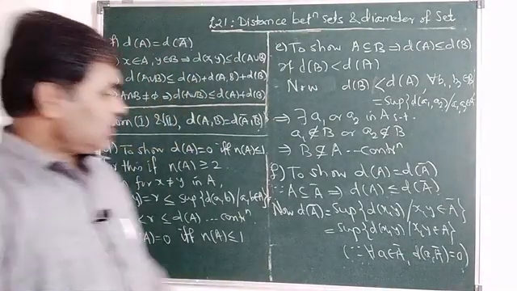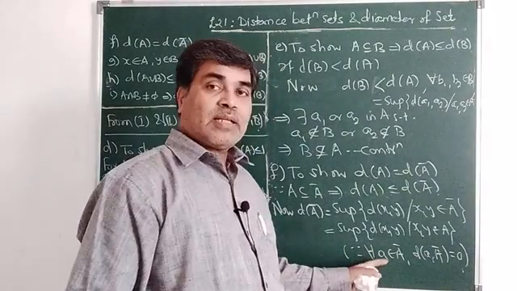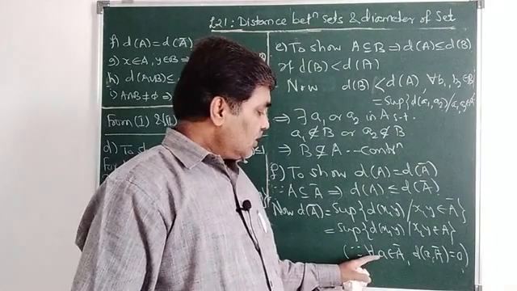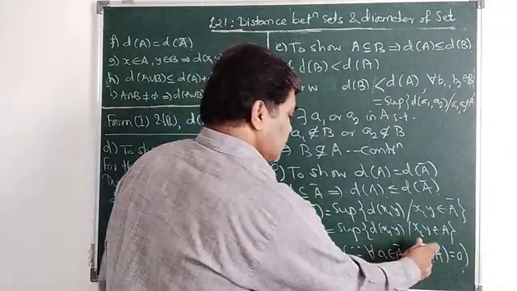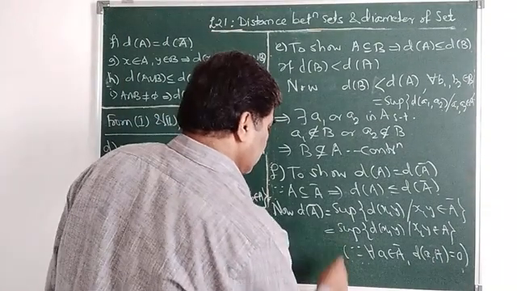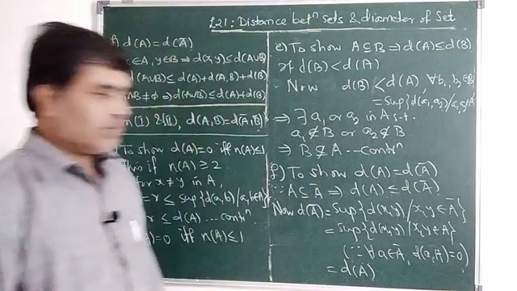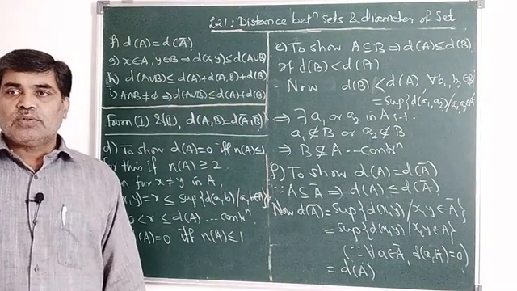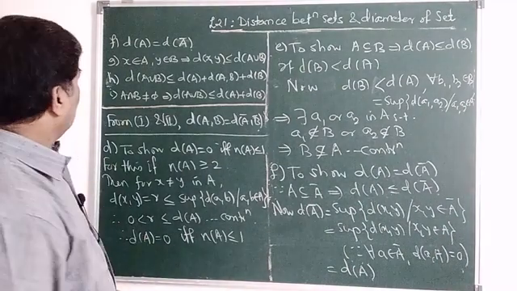The points which are in A closure but not in A, but are close to A, the distance of those points from A must be 0. And that's why this equality must hold, and therefore this is equal to the diameter of A. Is it clear? Now what to prove?